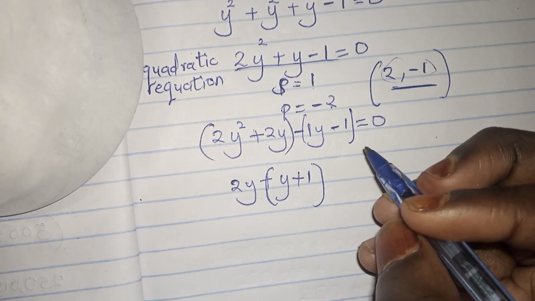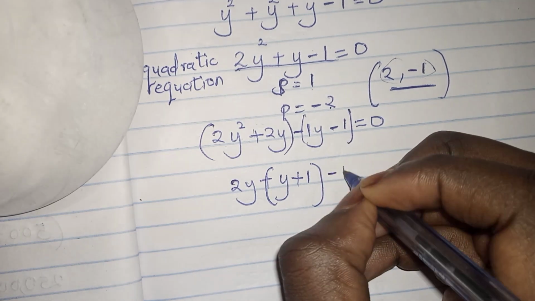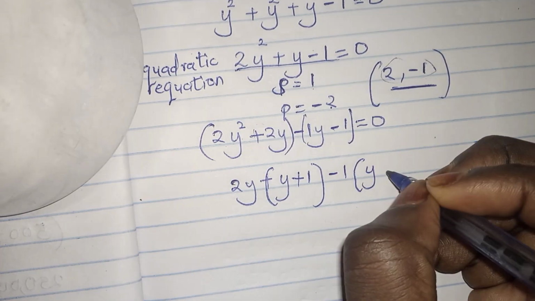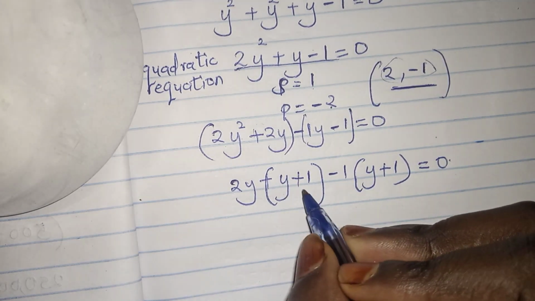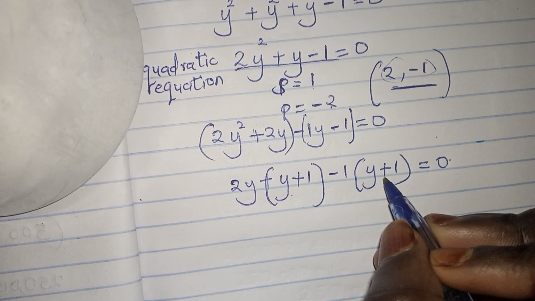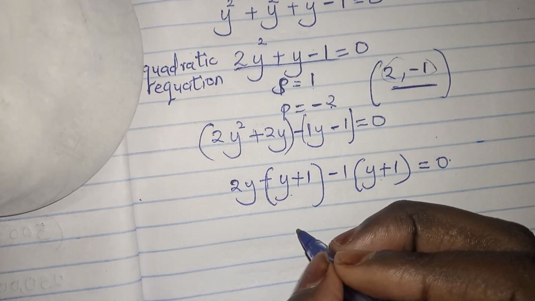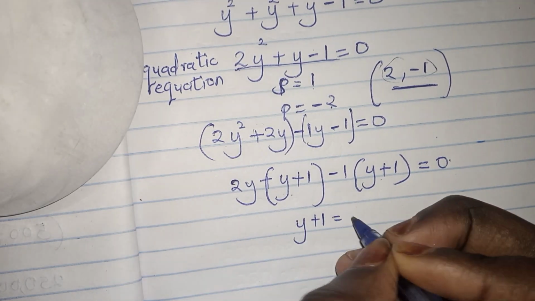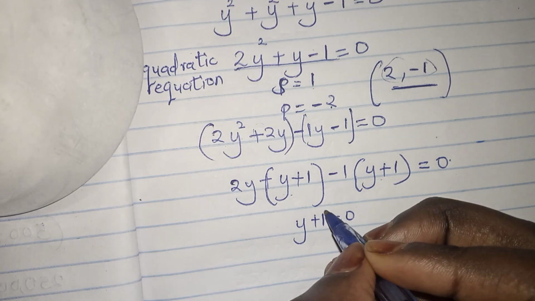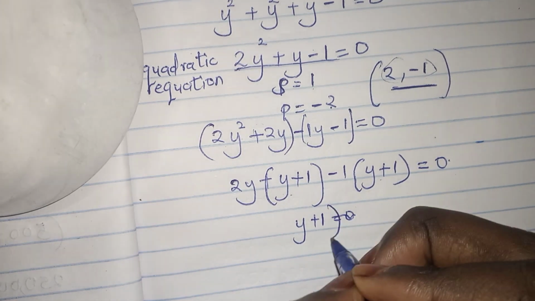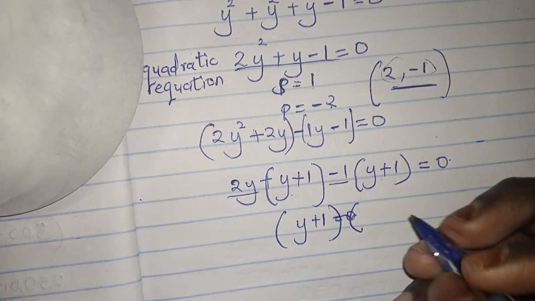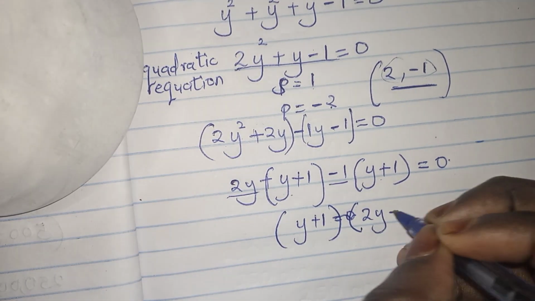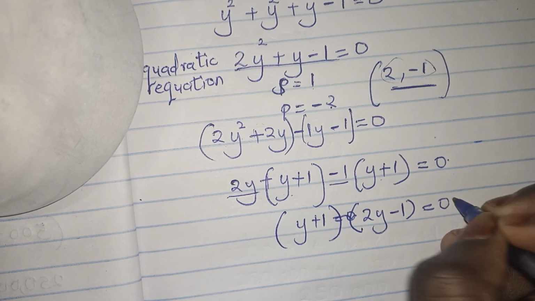And on this side, my common factor here is -1, so y plus 1 is equal to 0. y plus 1 is common here and here, so we'll pick only the 1, and pick the ones that are remaining outside. So y plus 1 times 2y minus 1 is equal to 0, right?